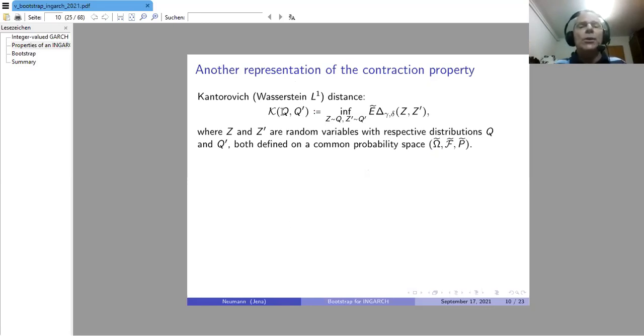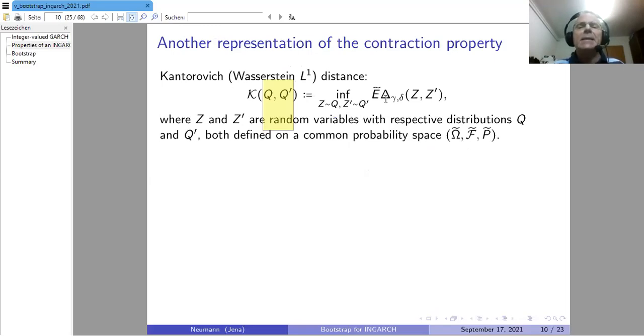So in order to measure the difference between two distributions, Q and Q prime, we use the so-called Kantorowicz or Wasserstein L1 distance. And this distance is defined in the following way. We take appropriate random variables C following Q and C prime following Q prime, consider the difference of these two random variables and take the expectation.